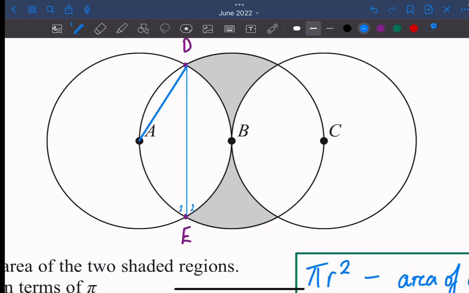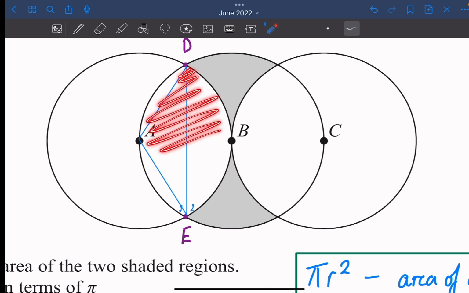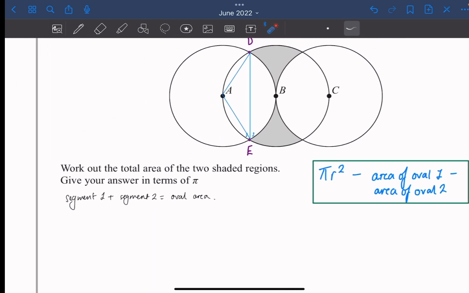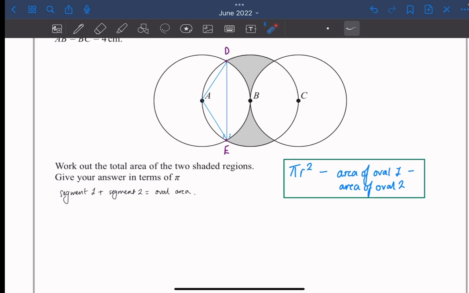Again, let's add in some construction lines to help us out. We'll focus on the left circle for now. We can use the area of a segment to find the answer for half of the oval, that is, the segment. So our new challenge is to find this area. I'm going to call that segment ADBE.